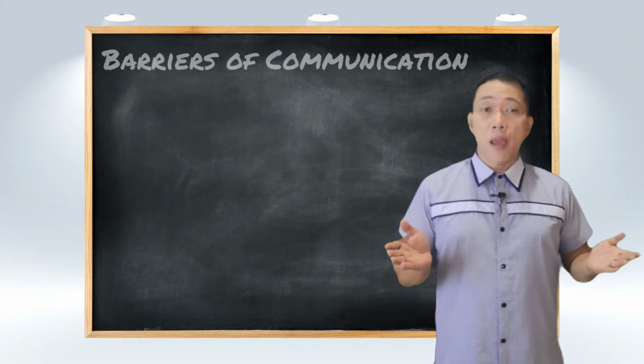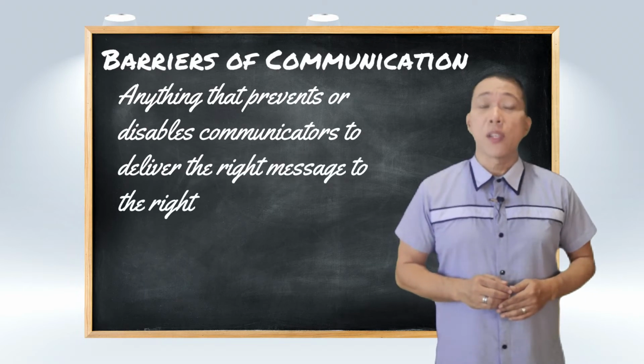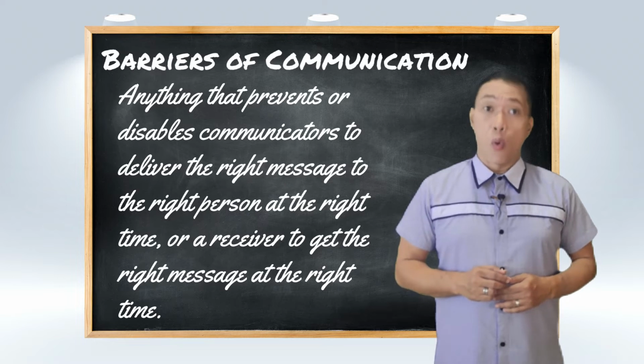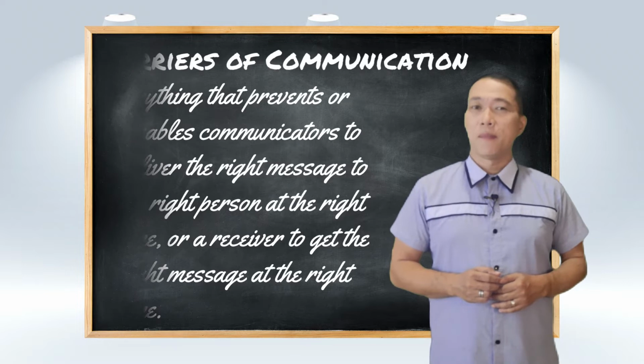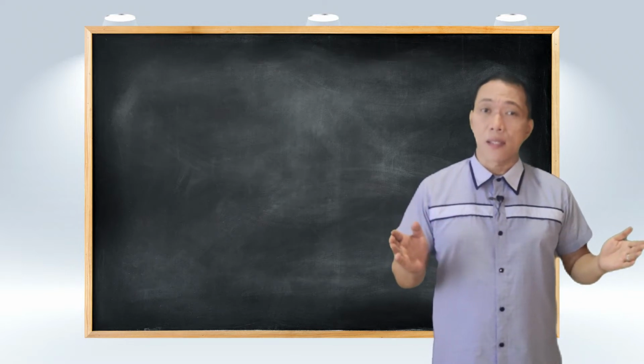A communication barrier is anything that prevents or disables communicators to deliver the right message to the right person at the right time, or a receiver to get the right message at the right time. Now, why do we need to know these things?